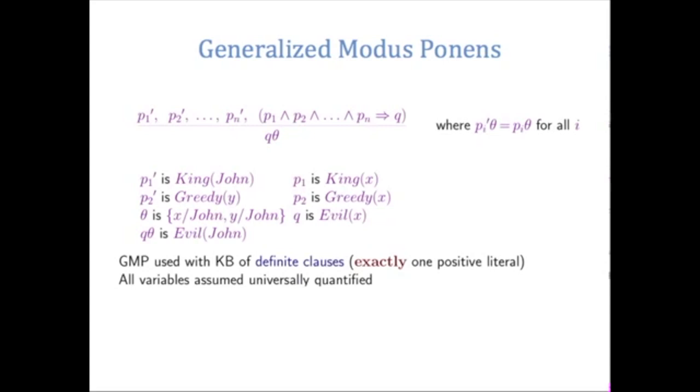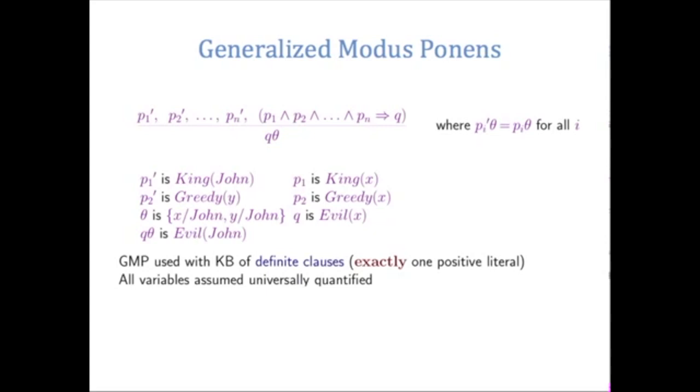So, for example, if we know that our substituted clause P1 prime, King John, corresponds to the uninstantiated clause P1, King X. So King John is totally a ground term, and King X clearly has a variable in it, so it's not yet ground. And let's say that P2 prime is Greedy Y, and we'll allow the variable Y here because we're going to bind it in a second.